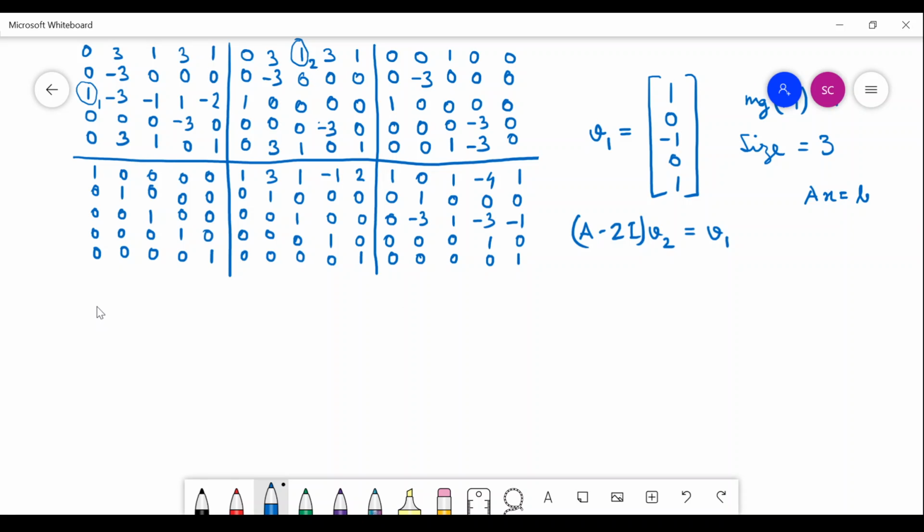So we will write down the columns of A, which is the matrix A minus 2I here, and then append the column of b, which is v1 here.